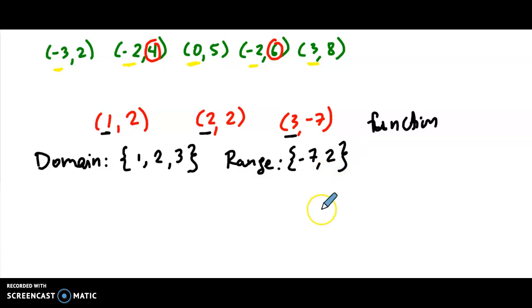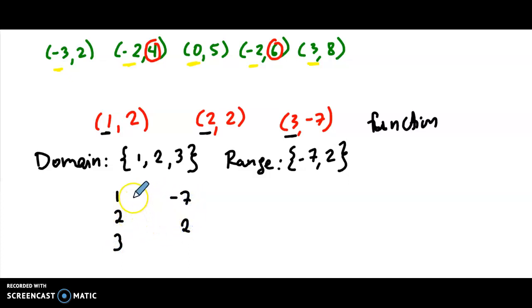Now, sometimes you're not just going to be given only order pairs. You can be given a graph, or you can be given order pairs in the form of a mapping. So if we go ahead and do this mapping here, so you can see how it looks, you have your x values, and your y values are -7 and 2.